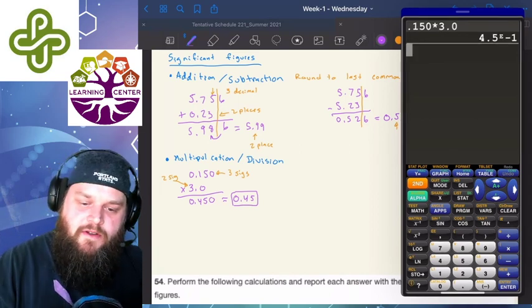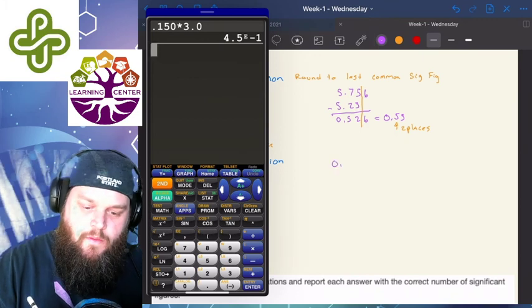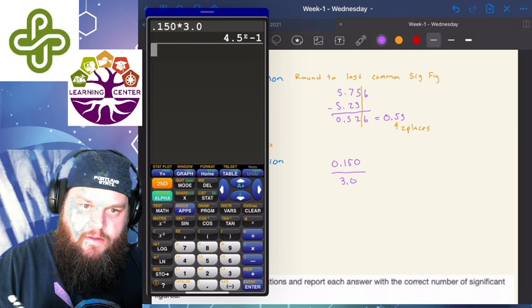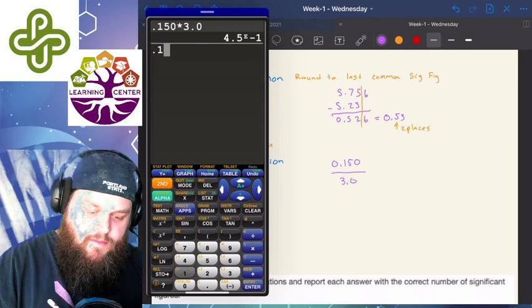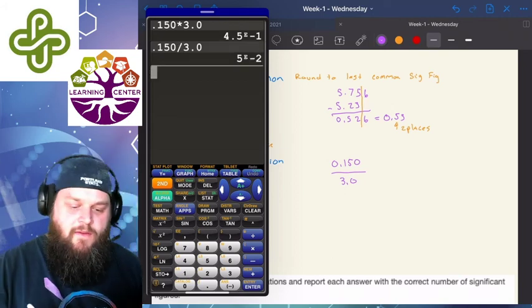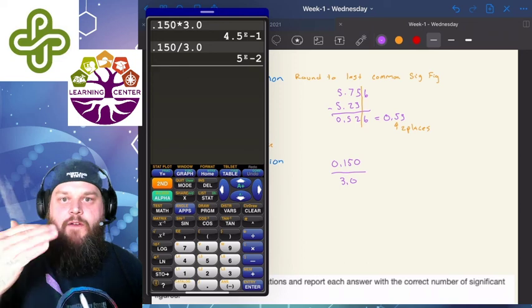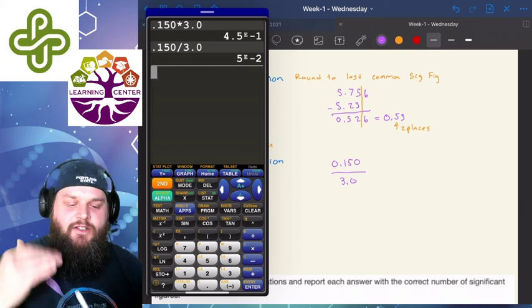Looking at division, we can say 0.150 divided by 3.0. So if I do this on my calculator, and it's important to actually calculate with all the digits you have and just round your final answer. So if you're doing a problem where you have multiple stages, at each stage, don't round your answer.